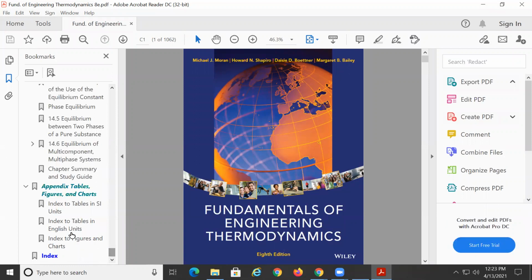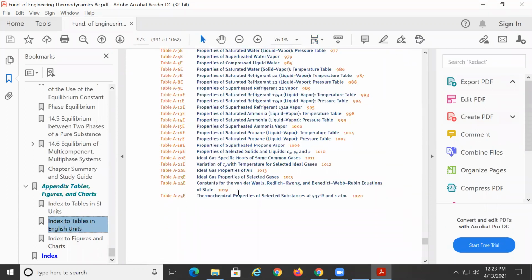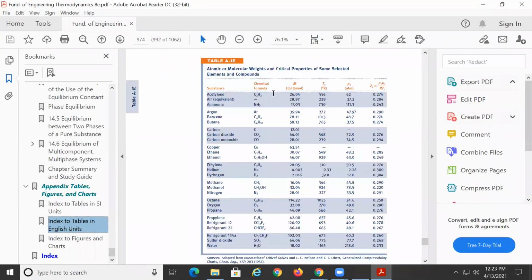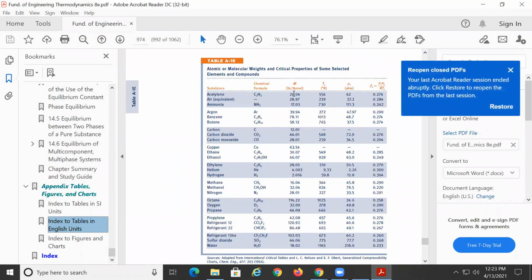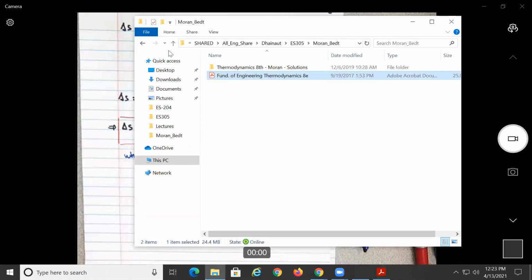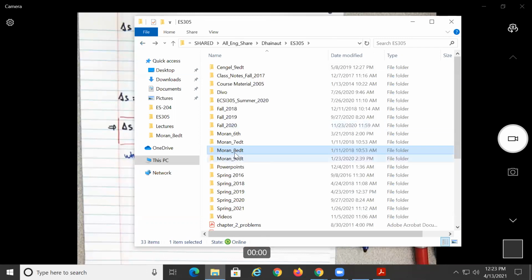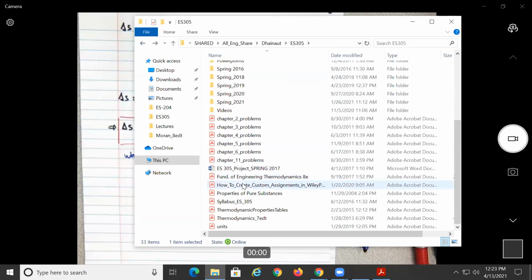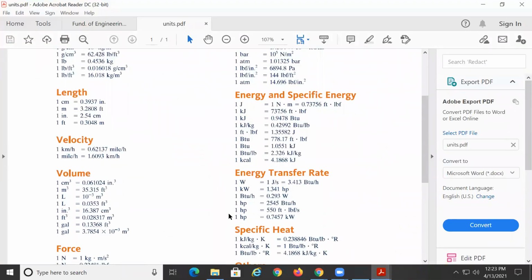It's the same for English units or not, but table A1 is the one that gives you the molar mass for different substances. Air is 28.97. Now, what is R for English units? That one should come probably from what I gave you at the beginning, properties or units.